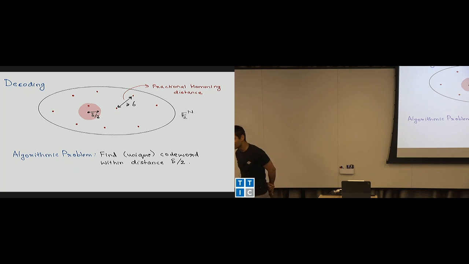When you're talking about errors, you just mean substitution errors, not deletions or insertions? Thank you. So by errors, I just mean some unknown positions are substituted. Yes, substitutions. There are notions of erasures where you know which positions are garbage, and then you can just focus on the rest. We'll not worry about them.